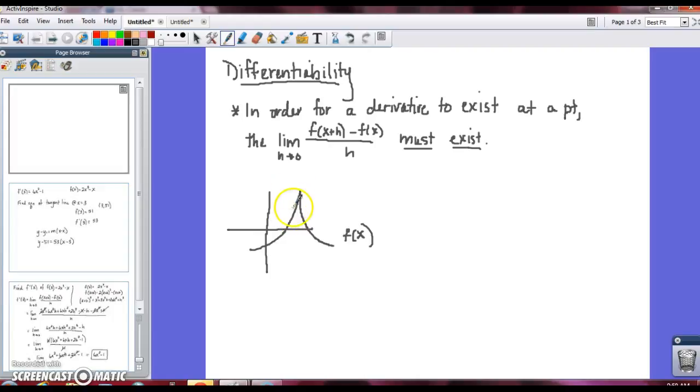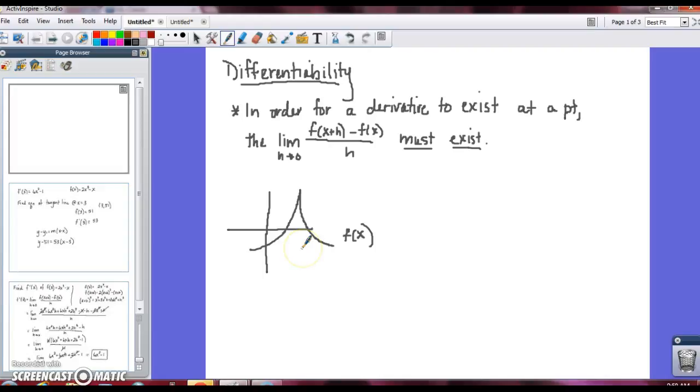I can draw this function without ever having to lift my pen off the paper. But the limit for the slope doesn't exist because the limit of this doesn't exist.